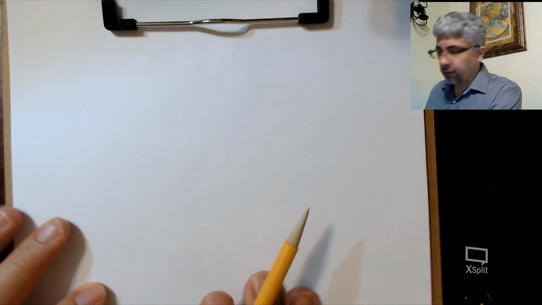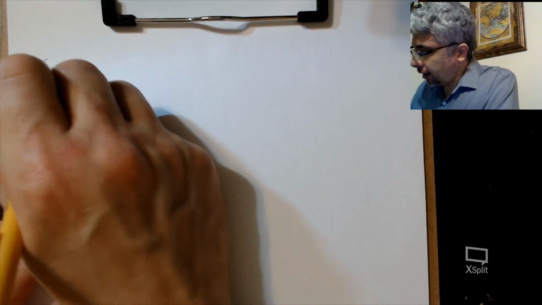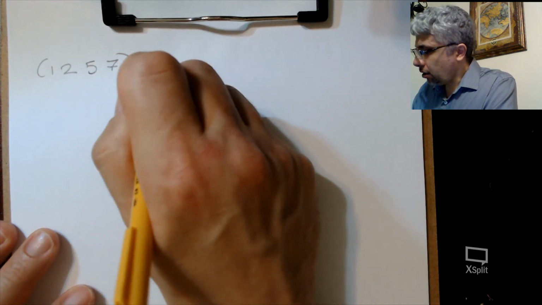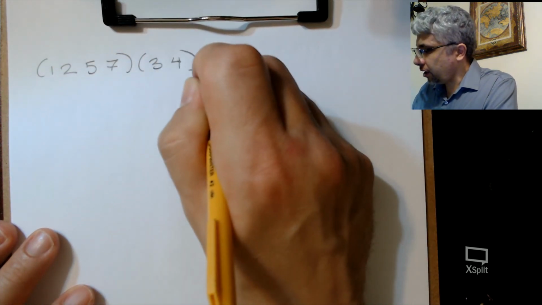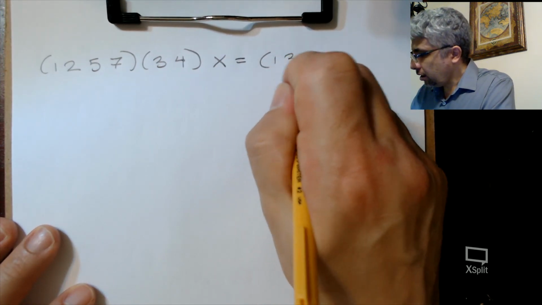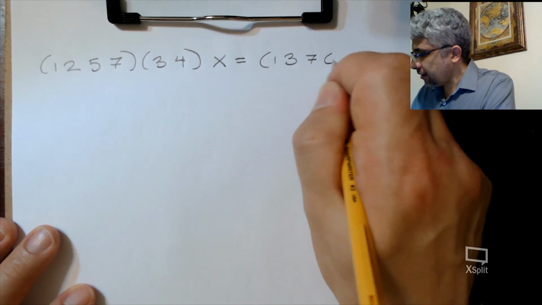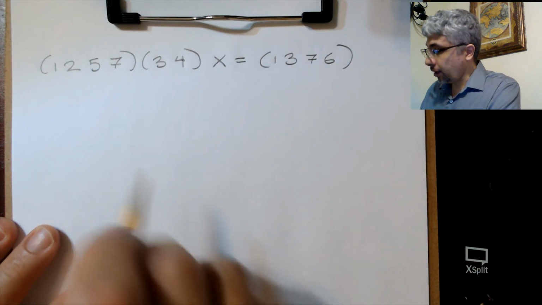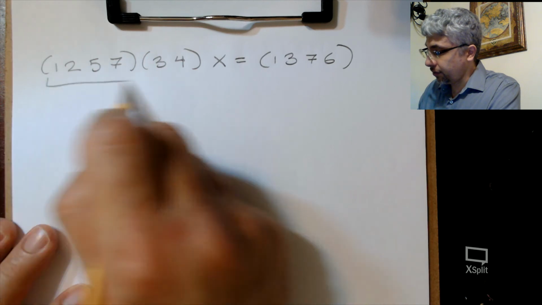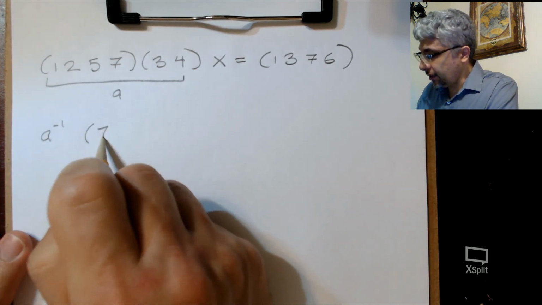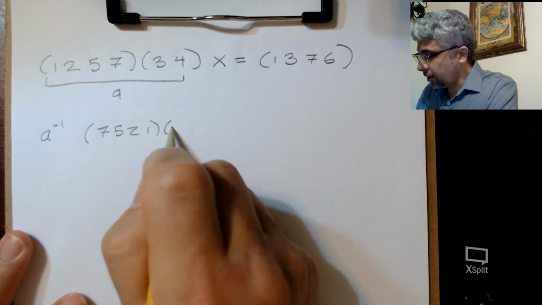Maybe we'll do one more quick one. Let's say we have (1 2 5 7)(3 4) x equals (1 3 7 6). Okay, and I want to solve this. Well, I want to take the inverse of this. So if I call this A, I know that A inverse is going to be (7 5 2 1).